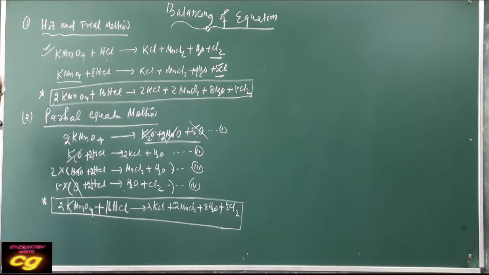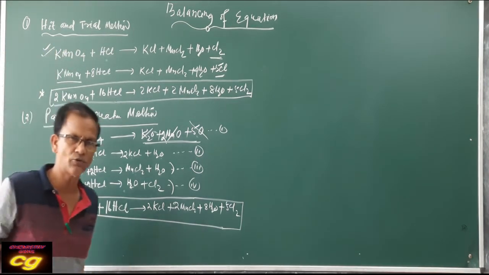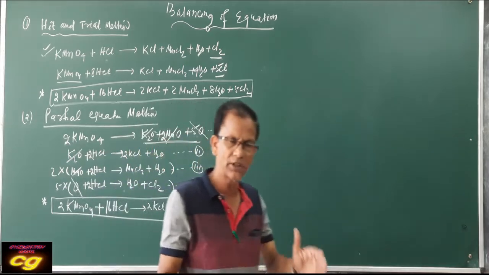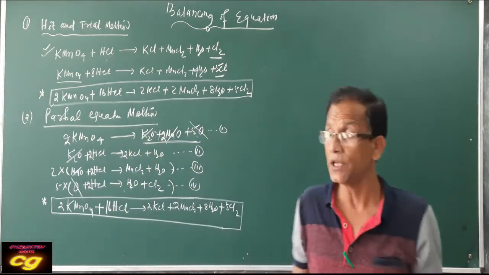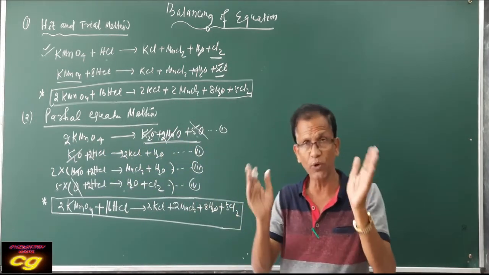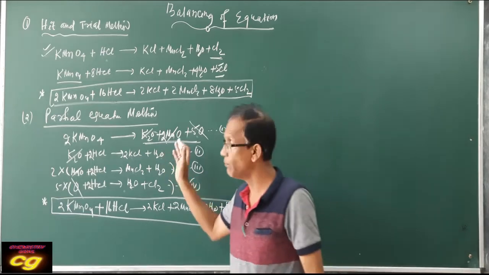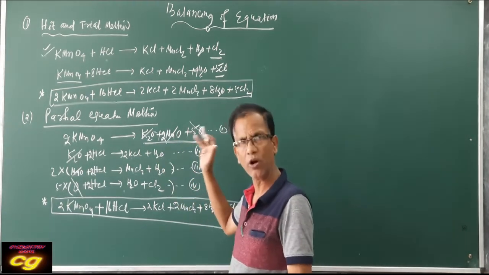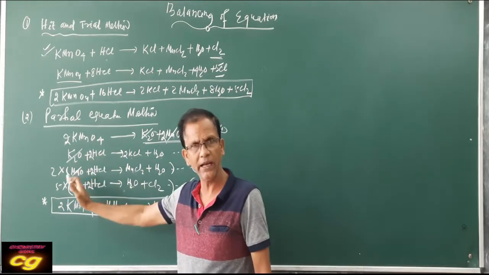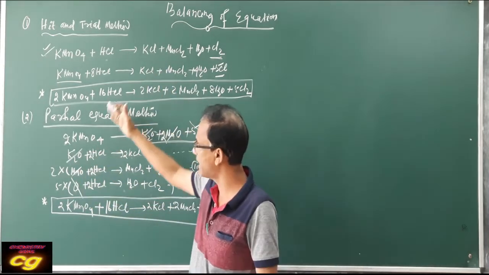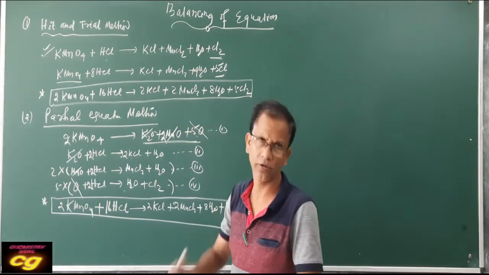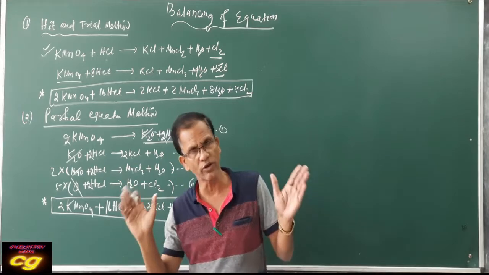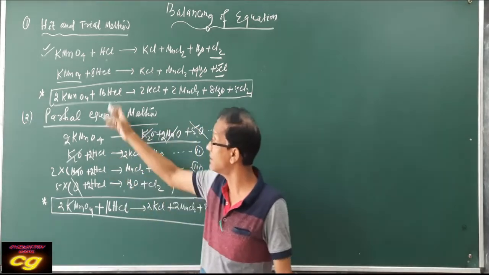This is the same equation by the partial equation method. The partial equation method requires some tricks. You have to divide some important bigger compounds into smaller compounds. Then the compounds which are not necessary will be repeated again, so that to bring the reactant and get the product, you have to check what products are written and what reactants are written.